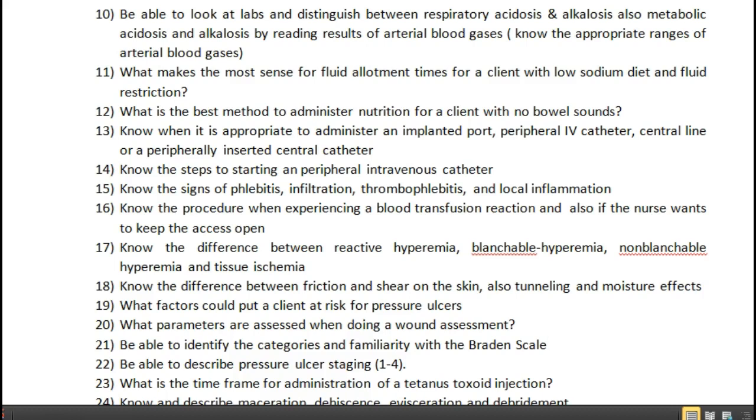A lot of times those are used because a person is going to be on some type of long-term therapy. The same thing with a PICC line, a peripherally inserted central catheter. So an implanted port, which they call a Mediport, up under the skin, a central line like a triple lumen, or a peripherally inserted central catheter, which is a PICC line.